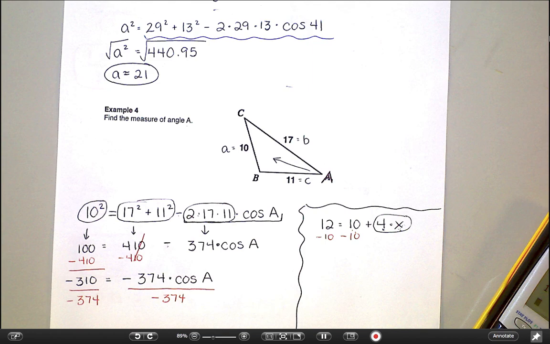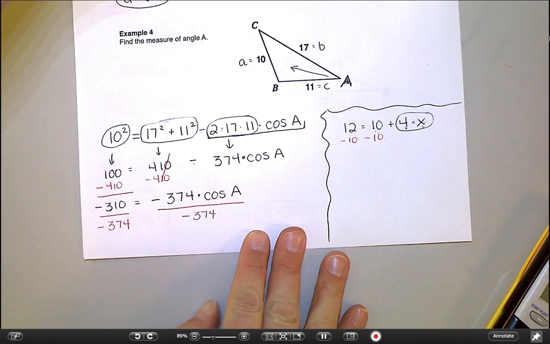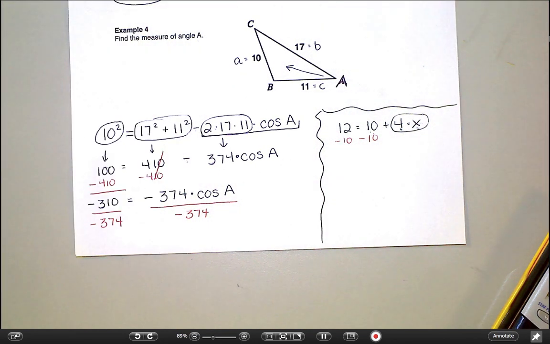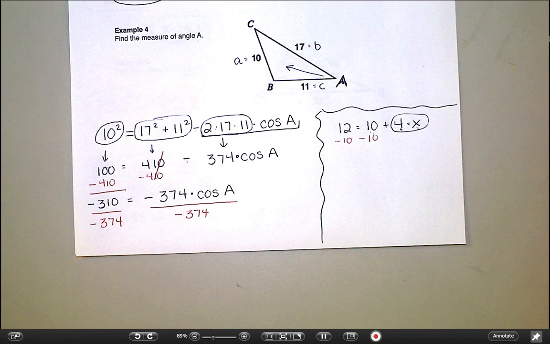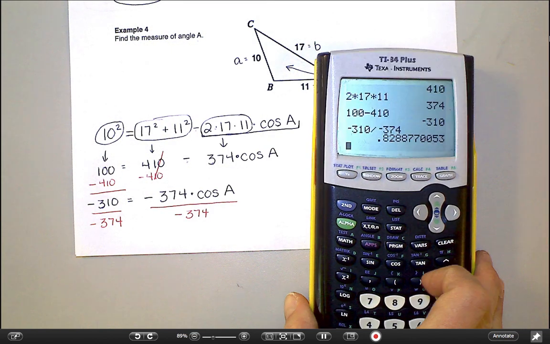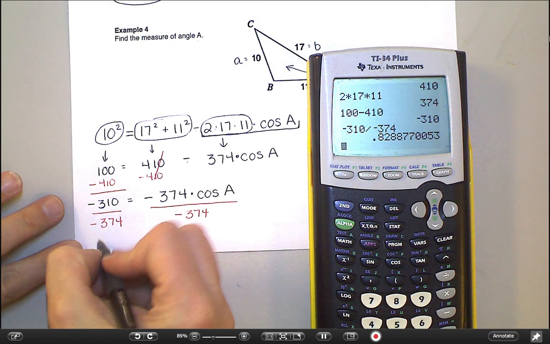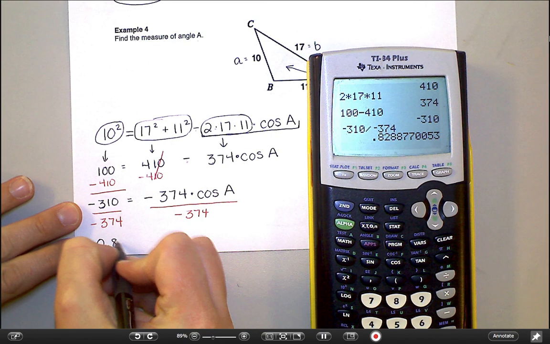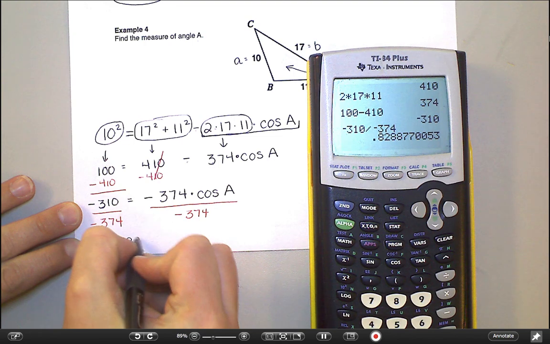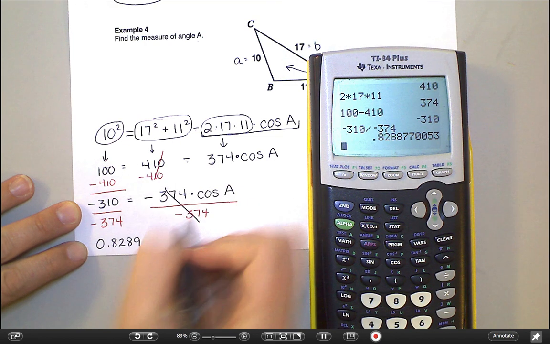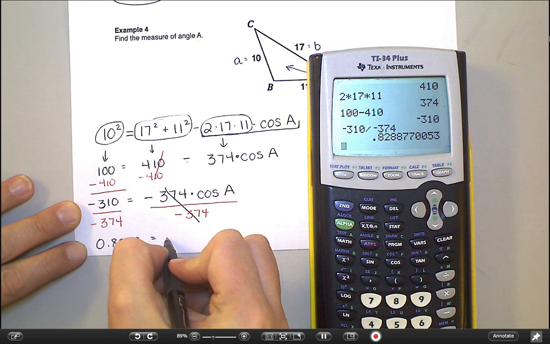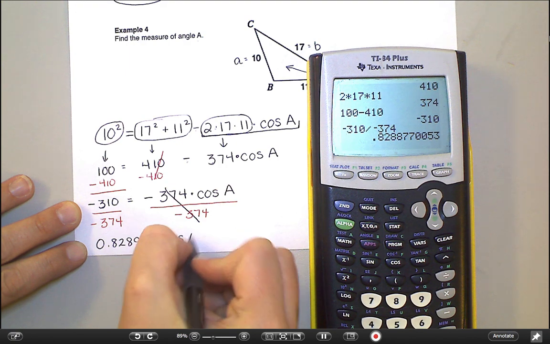Okay, I know I'm getting low here on the paper. So I'm going to divide negative 310 by negative 374. And I get this decimal, 0.8289. And that's to be expected because this is now equal to cosine of A over here on the right.